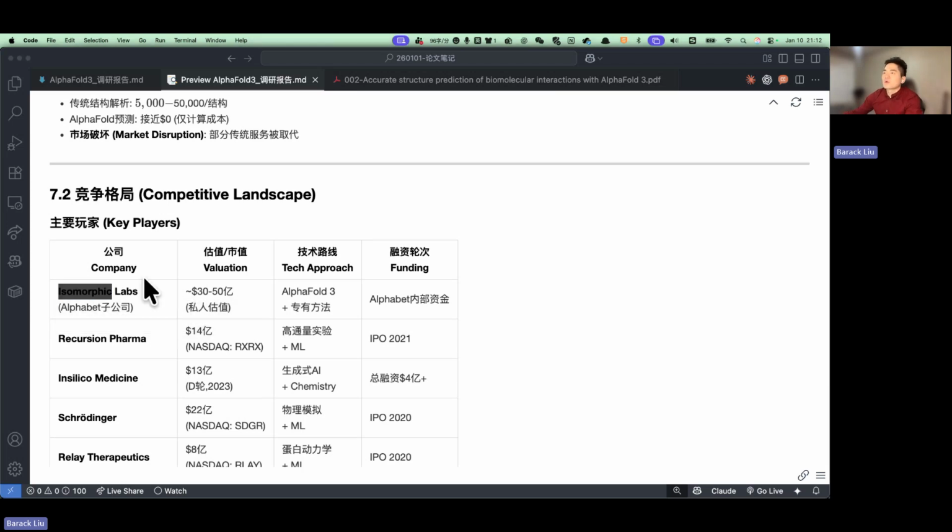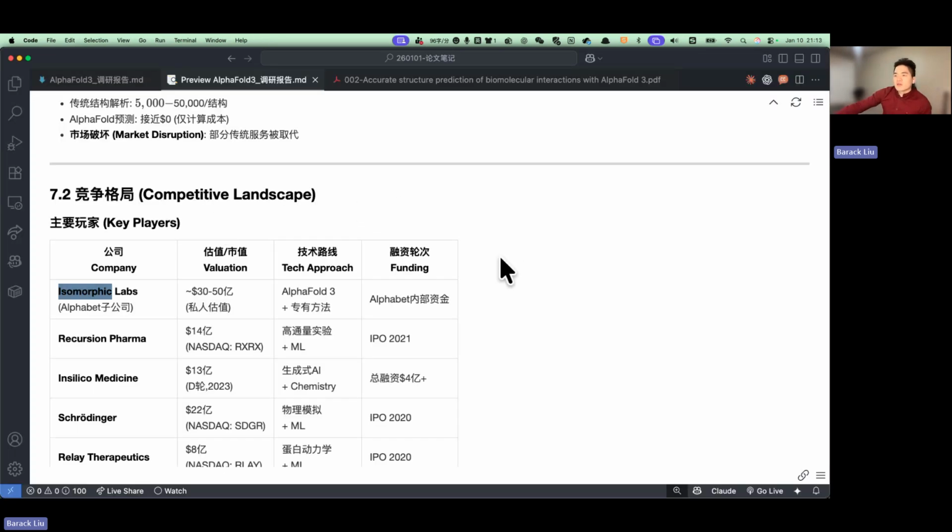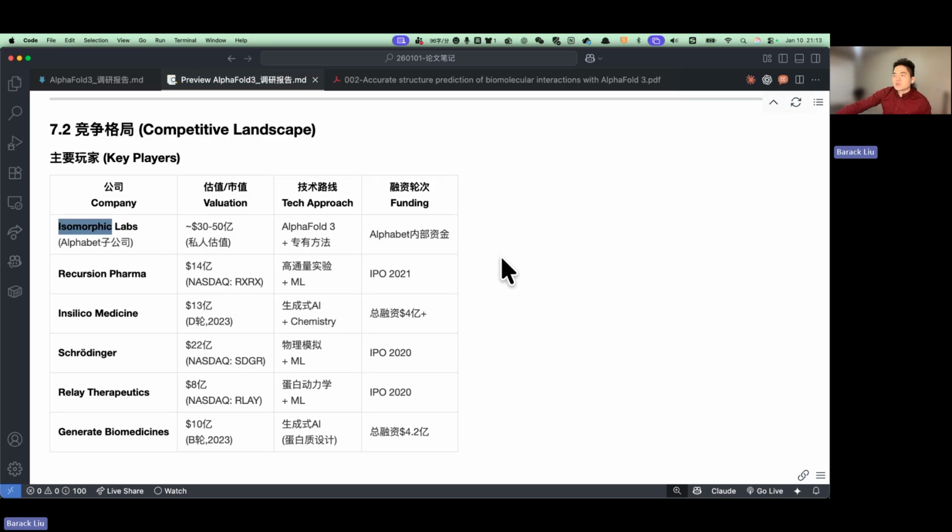Isomorphic Labs, Recursion Pharma, Exscientia, Schrodinger, Relay Therapeutics, Generate Biomedicines.